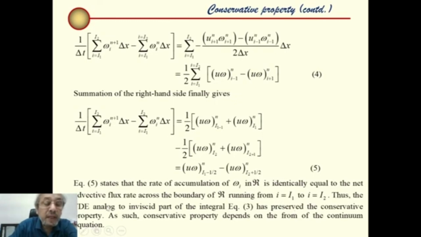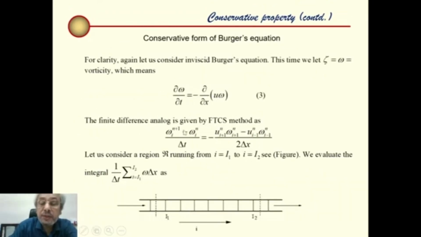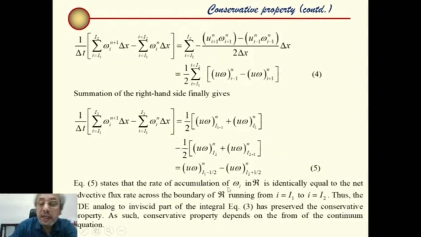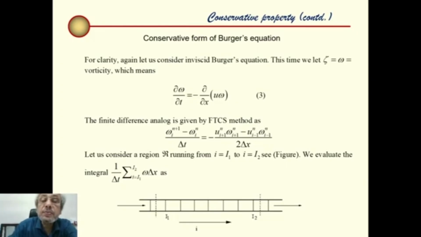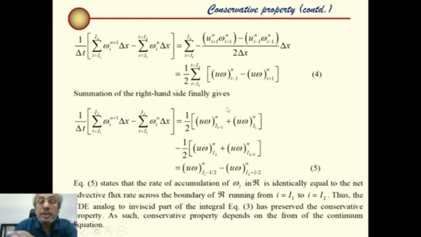Thus, the finite difference analog of implicit part of equation 3, we can say, has preserved the conservative property. As such, conservative property depends on the form of the continuum equation. Since this form of equation 3 itself is conservative form, this preserves the conservative property.